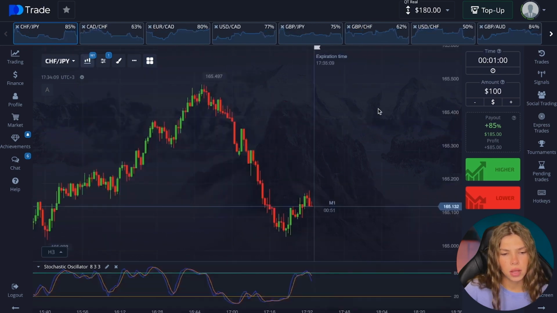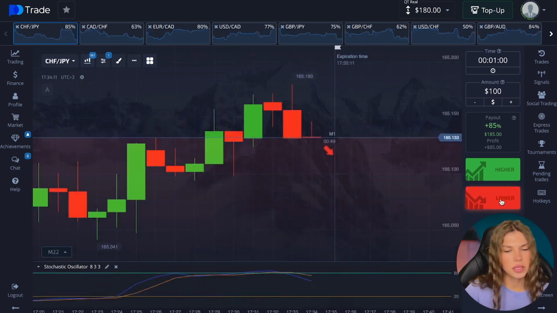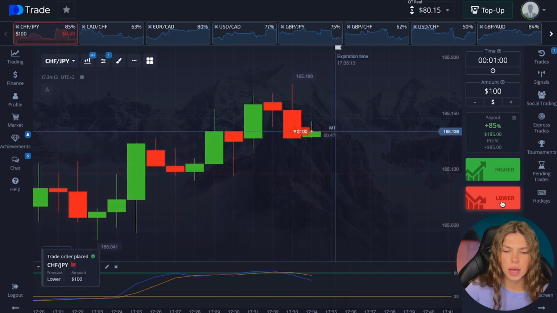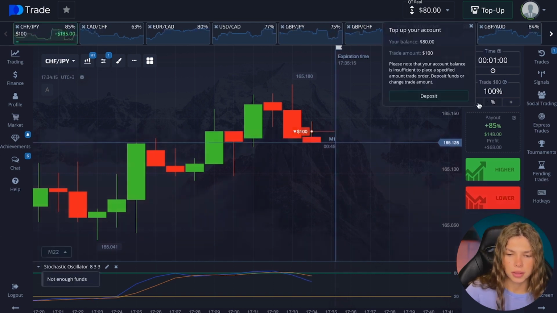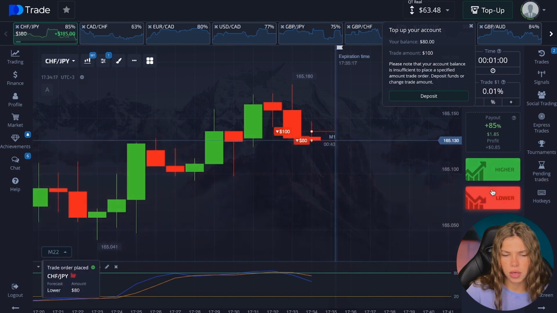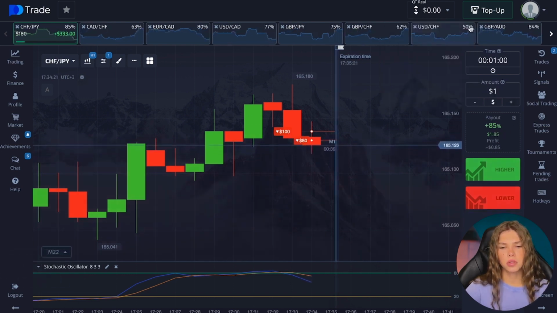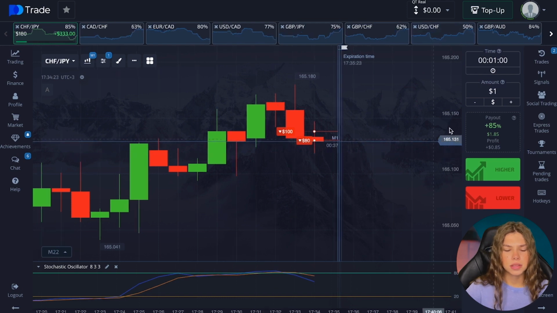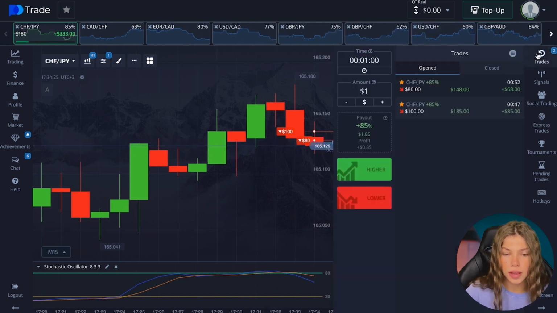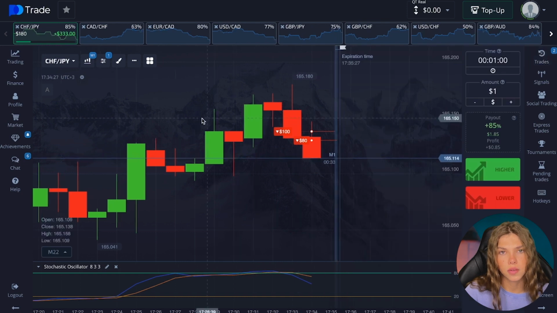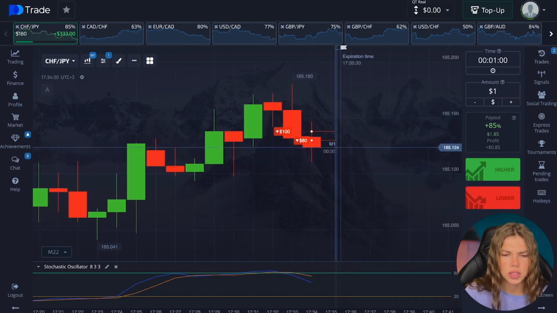Here you can trade it on a decrease, and the only thing is to look at this trend again. Yes, it was going down here, so we'll trade it quickly. We have two deals for $80 and $100 opened. I didn't manage to change the amount of the transaction.